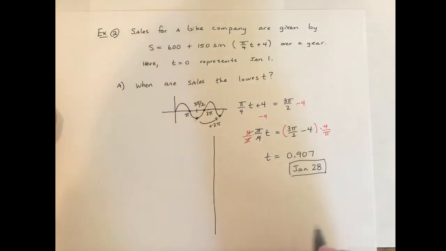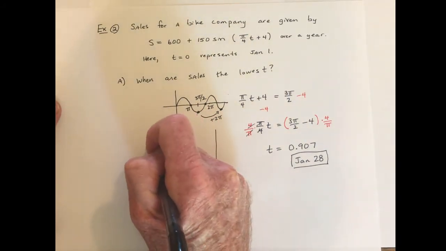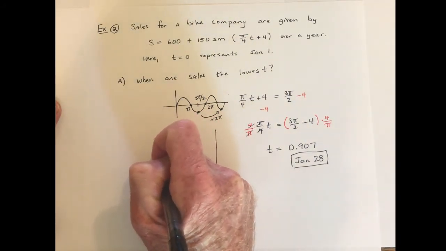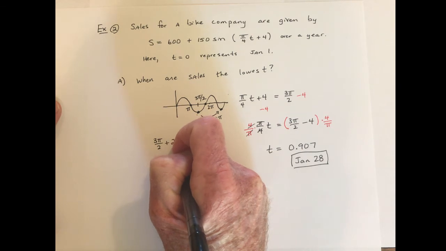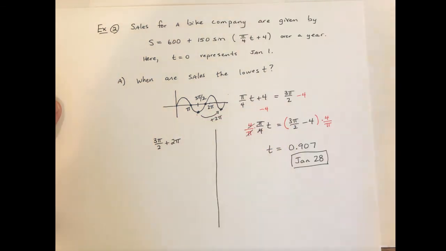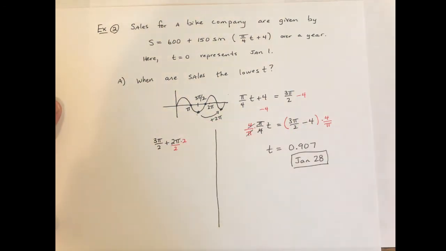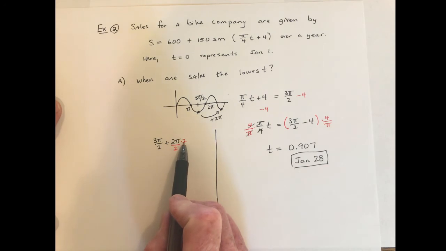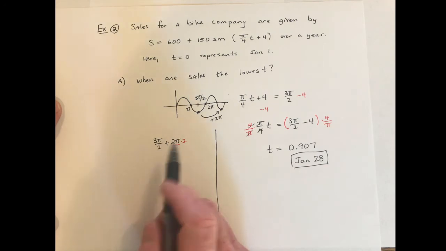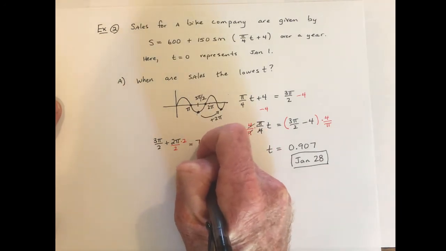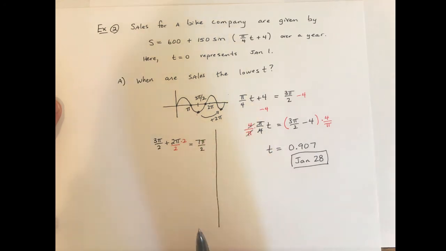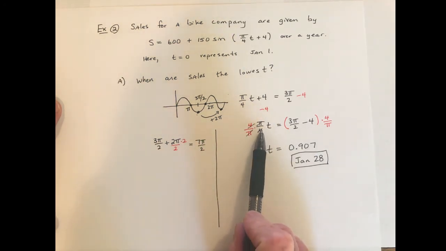So for the other solution, it's going to be 3 pi over 2 plus 2 pi. And then get a common denominator. So this would be 4 pi over 2 plus 3 more, so that's 7 pi over 2. And then we would put that number right here.